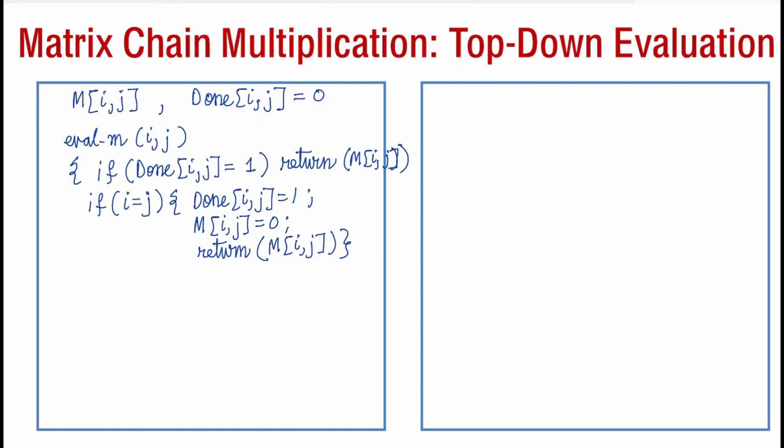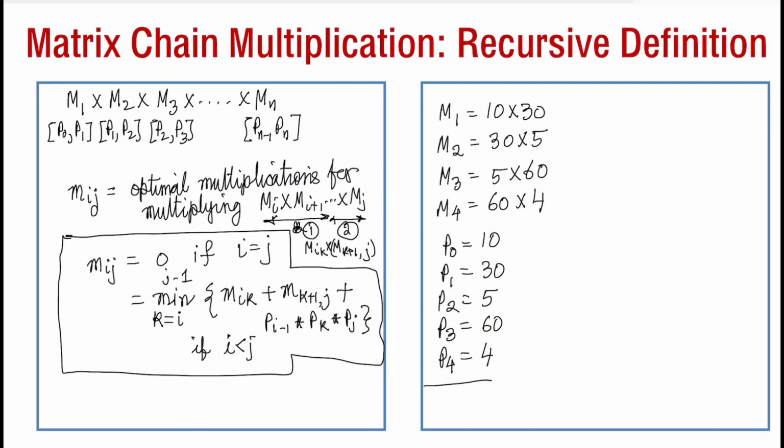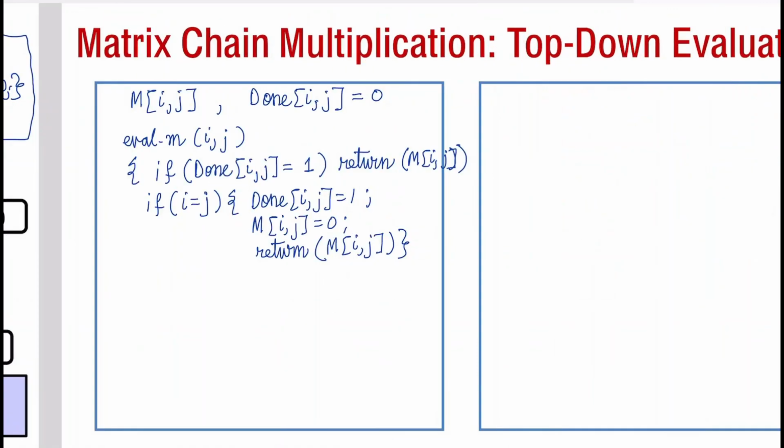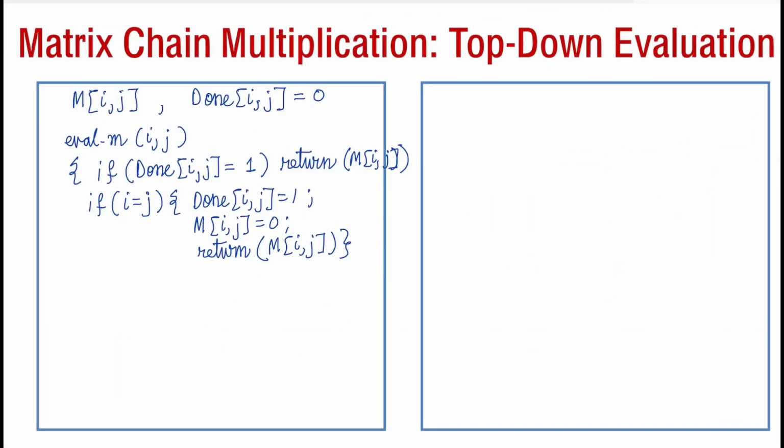Otherwise, if this is not the case, now is our recursive condition, where as per our definition here, we have to compute the minimum of all combinations of Mik and Mk plus 1 j and the additional multiplication term that we require, for all k equal to i to j minus 1. So, in order to do that, we will set a tentative value val to infinity, and then do a for k equal to i to j minus 1.